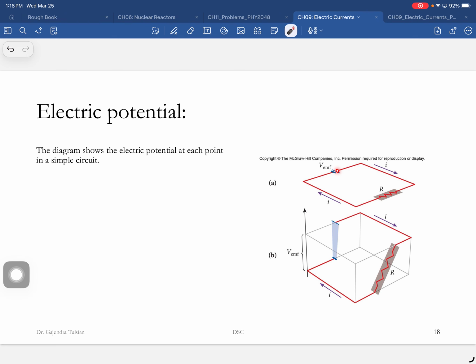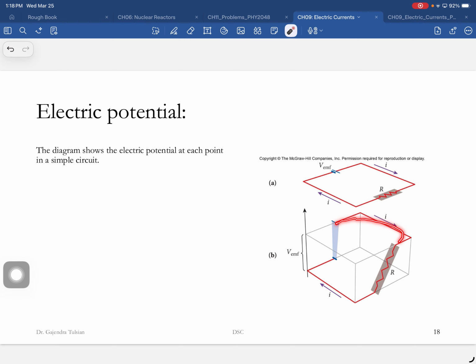In a battery, really, it's electrons that move, but let's imagine it's protons, positive charges, that are moving. It has electrical energy, meaning electrical potential energy. Voltage is potential energy per unit charge.